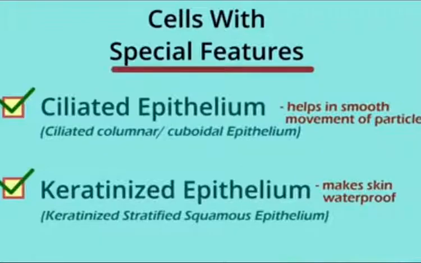Next one, cells with a special feature. So students, ciliated epithelium is present in ciliated columnar and cuboidal epithelium and helps in smooth movement of the particles, and keratinized epithelium makes the skin waterproof. So these are the two special features of the cells.